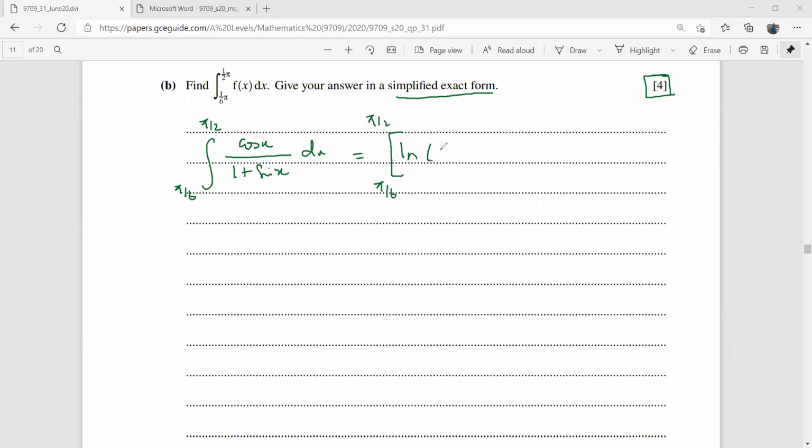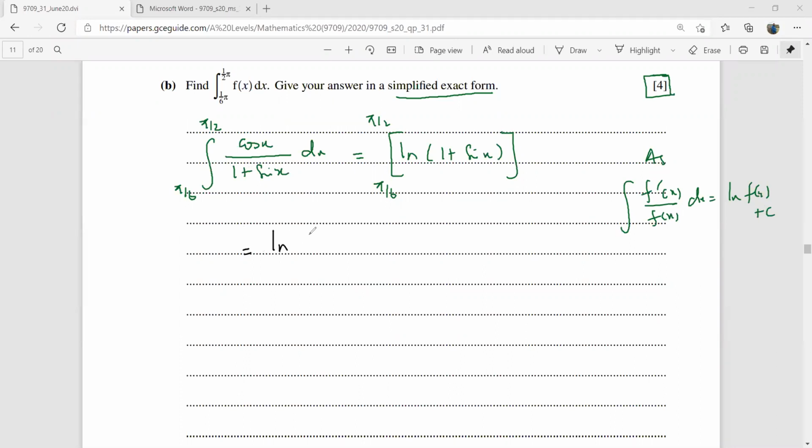This is ln of 1 plus sine x. Got it, bacho? Because I have applied the rule that the integral of f dash of x over f of x is equal to ln f of x plus c. That is the rule I have applied here. If you have any objection, please do that.